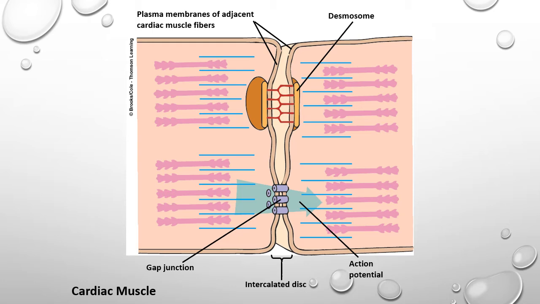And so here we can see that we have those gap junctions and our action potential, and as such, the movement of ions is going to travel in between those gap junctions and allow them to move from one cell to the next. And so it's going to allow for us to very quickly have that movement move through there. But because we don't have the sarcoplasmic reticulum just dumping a lot of calcium into the inside of the cell, that leaves us with a relatively long contraction.